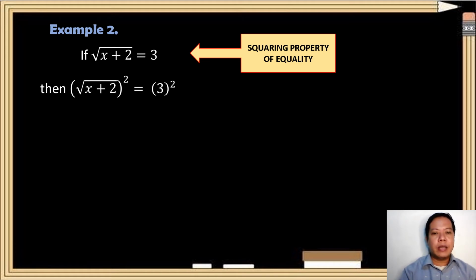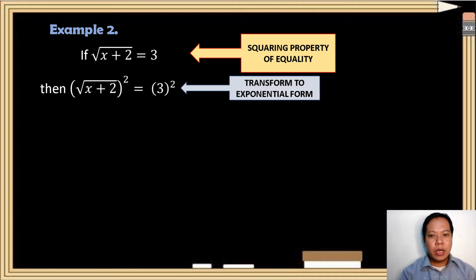After squaring the left and right sides of the equation, we transform the left side into exponential form. So we have the quantity x plus 2 raised to 1/2, squared, which is equal to 3 squared.